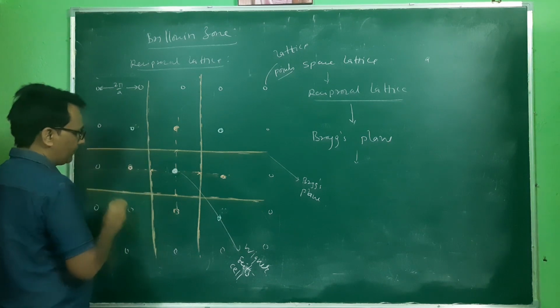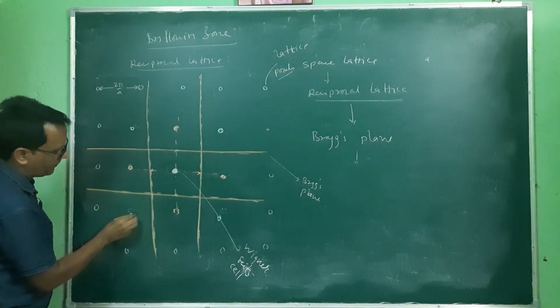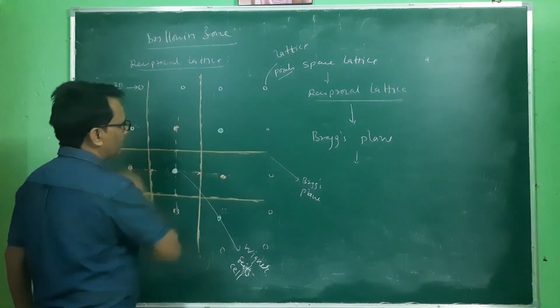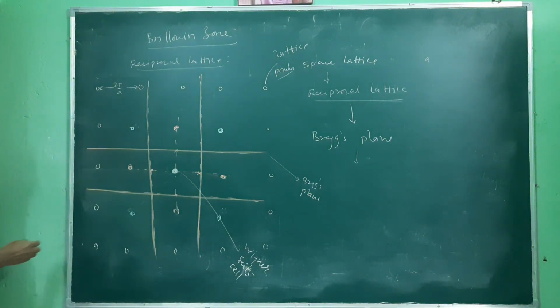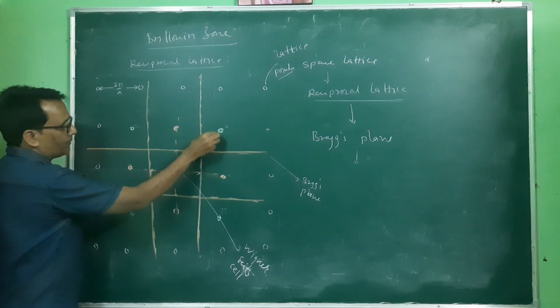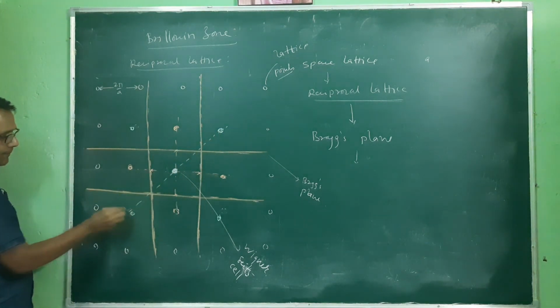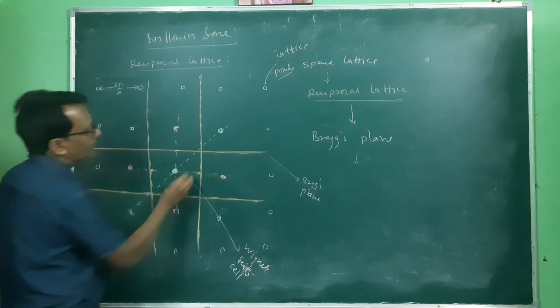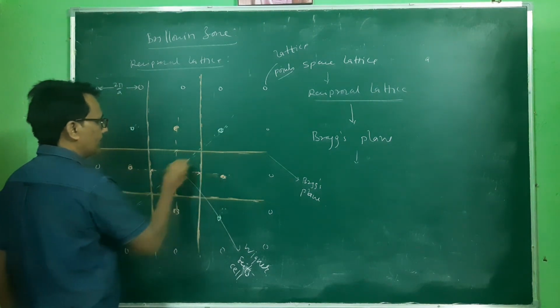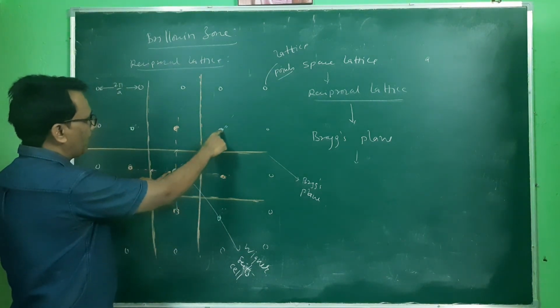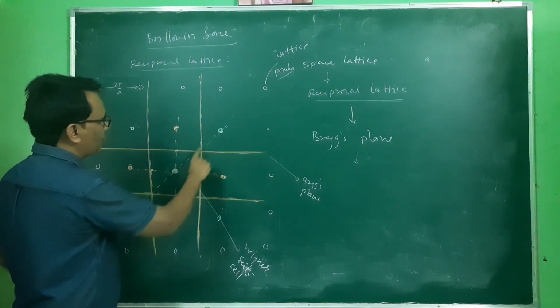Now we will take the bisector of the line joining these two atoms.